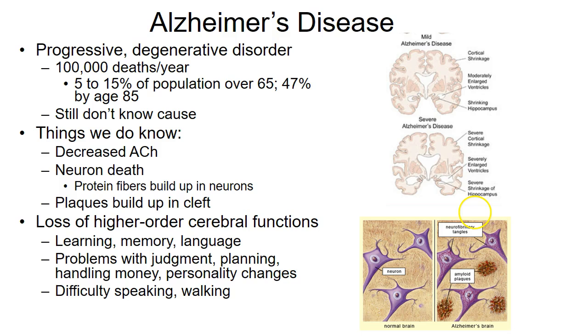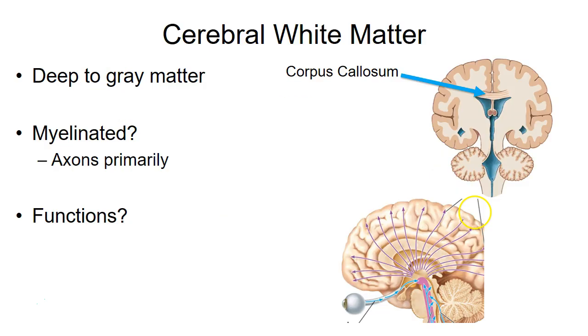Also, you have problems with motor movement, so gait, walking, and then also speaking. Okay, right? So, when we talk about things that affect the cerebrum, like Alzheimer's disease, we're talking about affecting a lot of things that are really important for normal function of life, right?